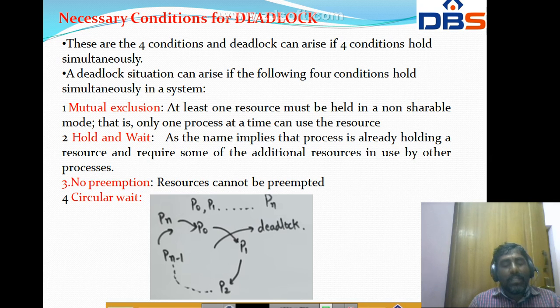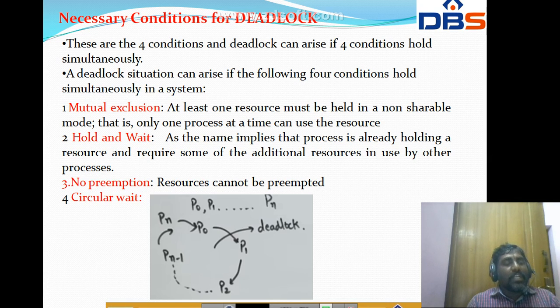That is, a resource can be released only voluntarily by the process holding it after that process has completed its task. For example, the process utilizing a resource will release it only after completing its task.